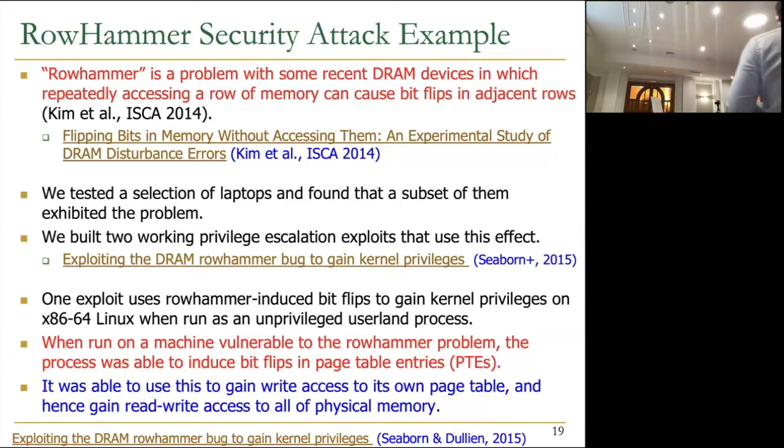And the other attack is very, very interesting. What it does is, as a user level program, it induces these bit flips, and it's able to take over the kernel, x86-64 Linux kernels. And it's a beautiful attack. I have backup slides that you can go over if you're interested in that. But the basic idea is you create a lot of page table entries in memory, and you try to flip bits in those page table entries using RowHammer by essentially hammering rows next to the page table entries.